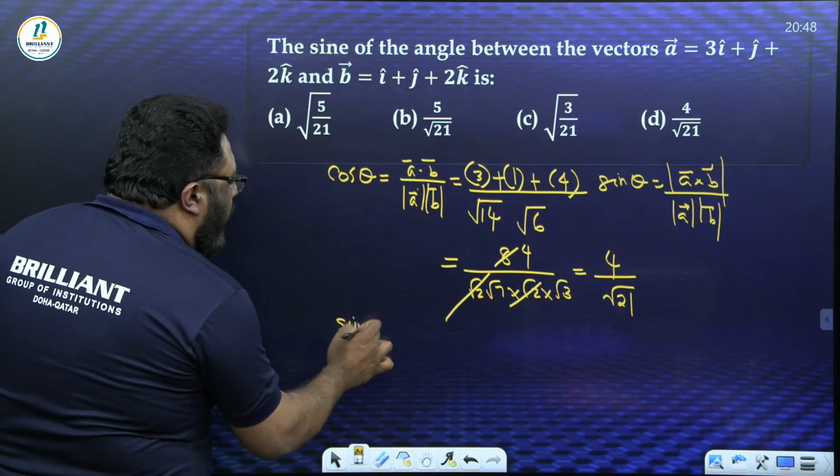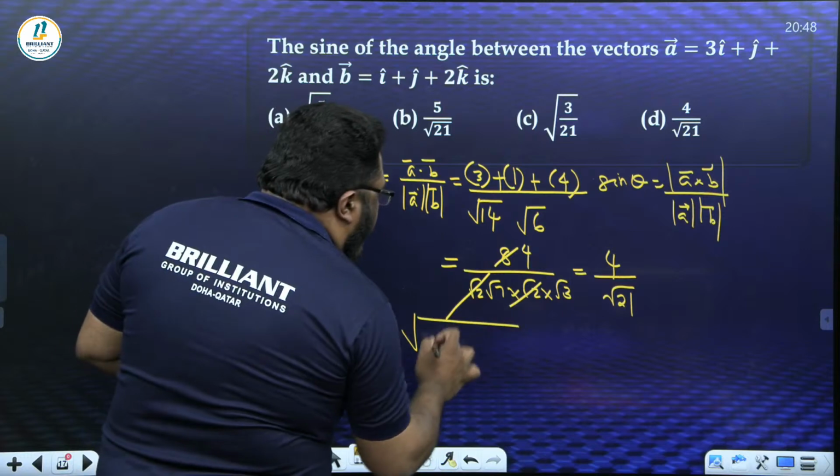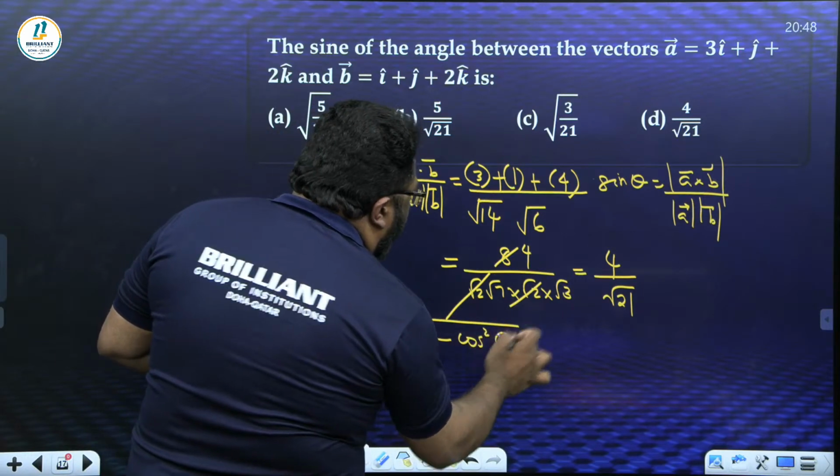Then what is sin theta? We know the identity from trigonometry, root of 1 minus cos squared theta.